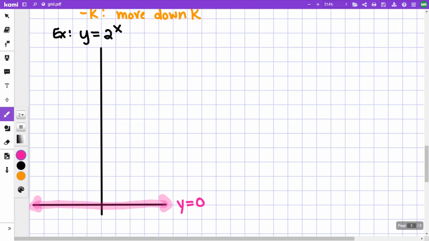Now, in this case, my multiplier is 2. So if we're trying to identify the pieces here, my a is actually a 1. I don't have an a in front. My b, my multiplier, is a 2.